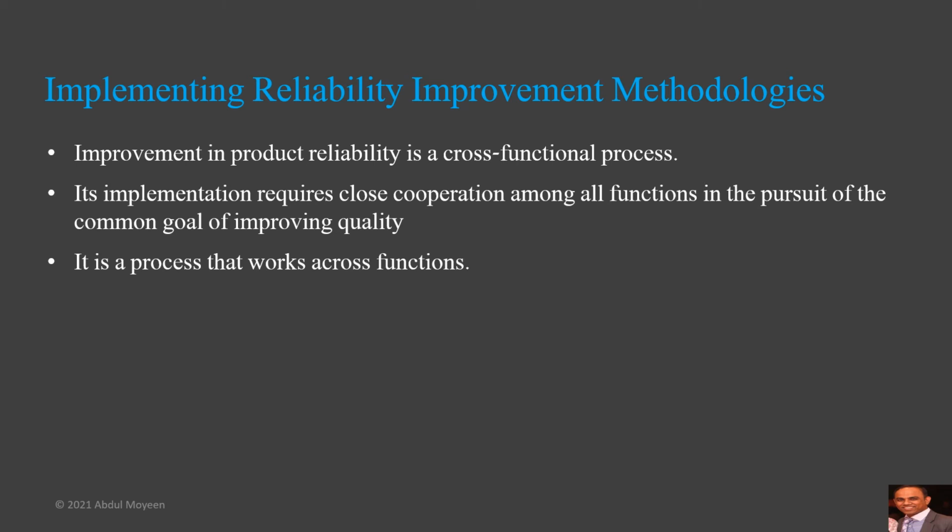So we see that this kind of engagement with suppliers is a common practice these days, especially for those companies which focus on improving the quality of their product. And the materials management department should also trace defects back to suppliers. If they see that some products or some inputs that the company is receiving from the suppliers are defective, they should trace it back to the suppliers.